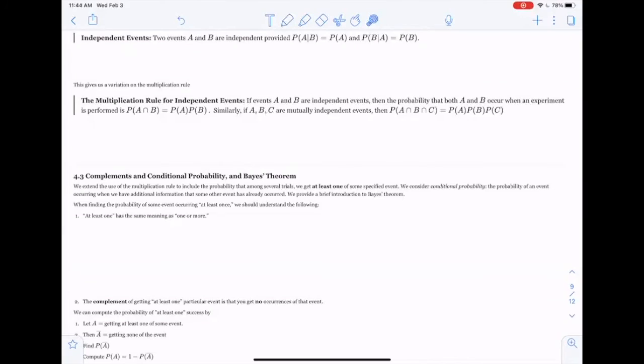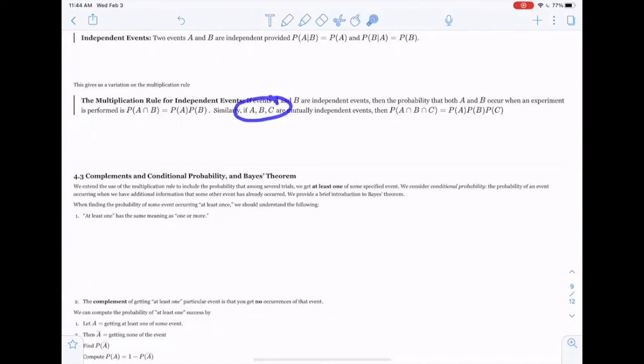One fact we get that is very helpful because of this is a multiplication rule for independent events. And this is helpful because we get to extend this rule to any number of independent events. So if A and B are events that are independent, then the probability of A intersect B is just the probability of A times the probability of B, right? That is only if those events are independent.